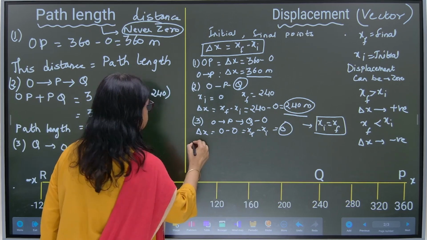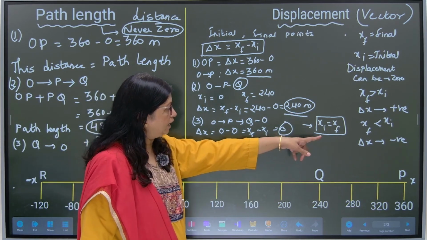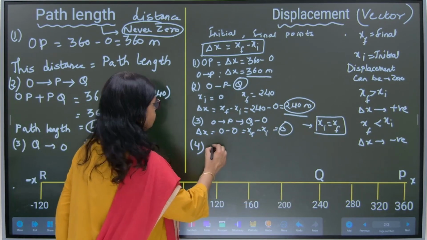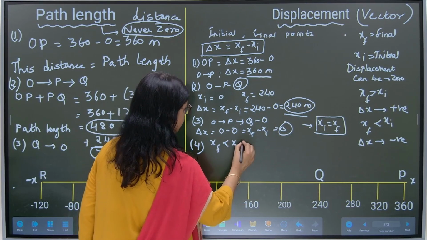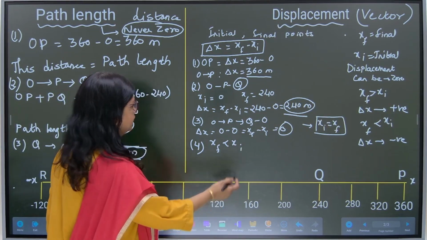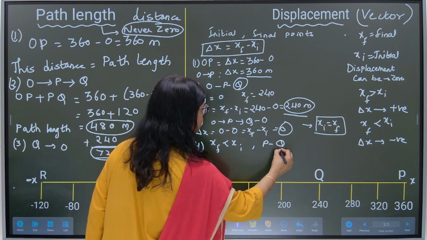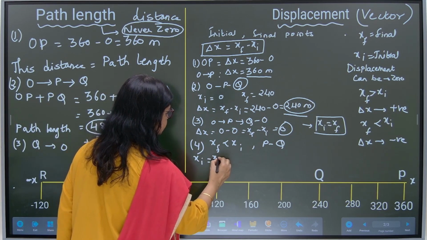Now let us consider an example in which we get a negative displacement, that is, xf is less than xi. Let us consider the motion of the body from P to Q. P is the initial position, so xi is equal to 360 meters.